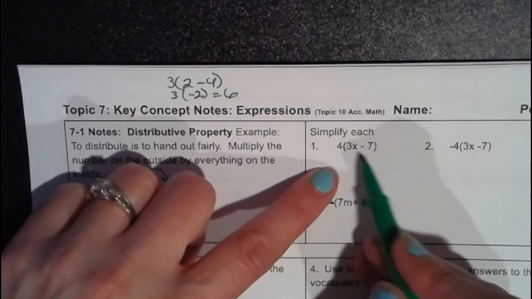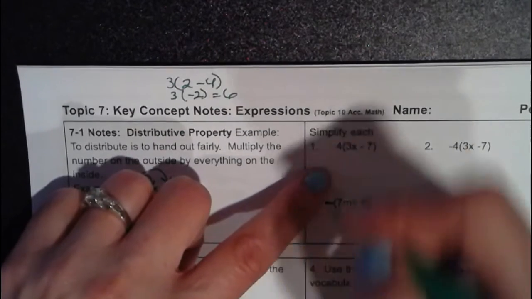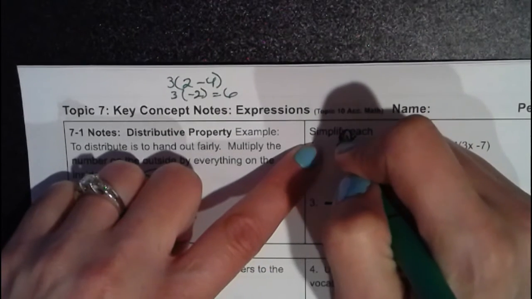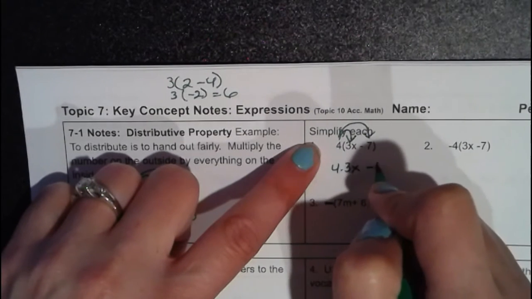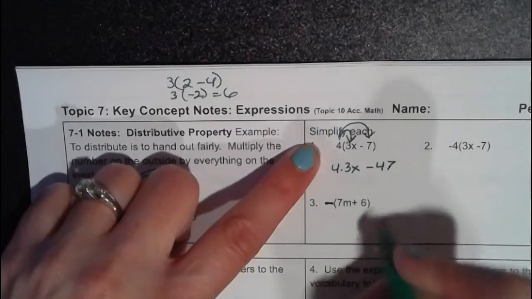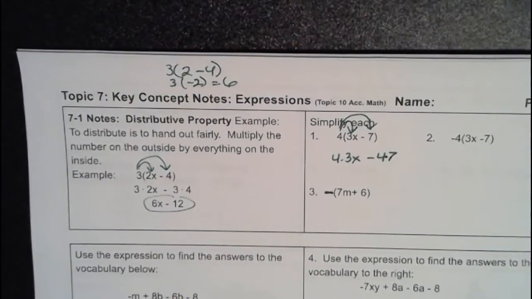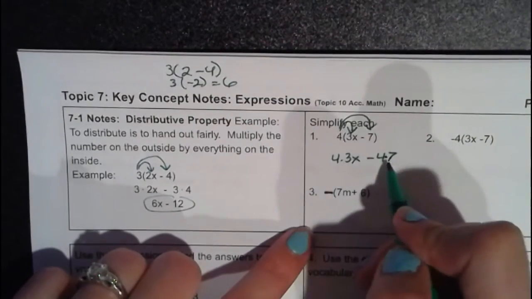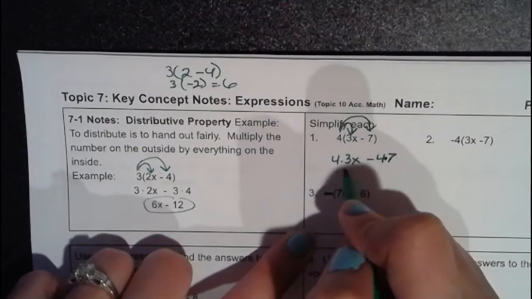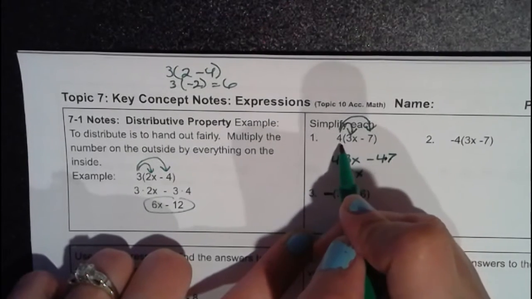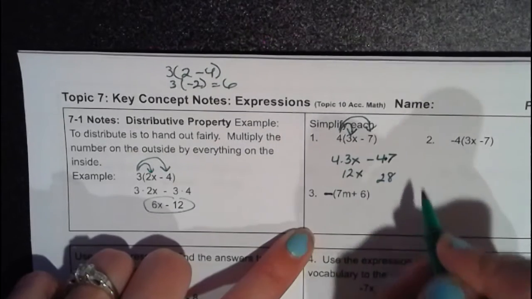Here I have an x, and here I have a constant. Okay? So I'm going to multiply by the number on the outside. I will very quickly stop showing the 4 on both of them. I will do the timesing by 4 in my head, but for today, I will show that the 4 is being times by the 3x to get 12, and the 4 is being times by the 7 to get, what is that, 28?